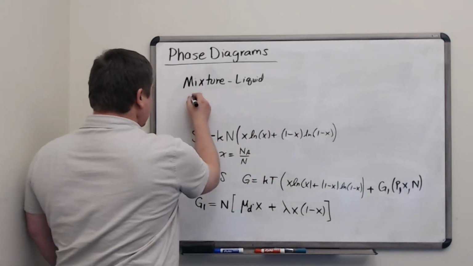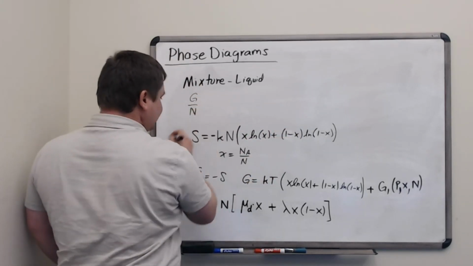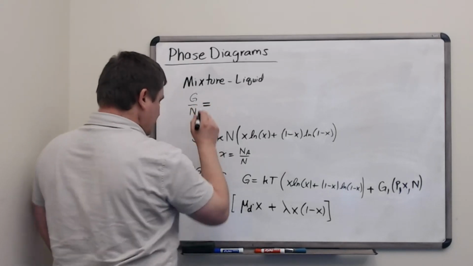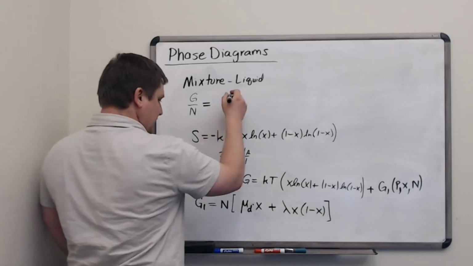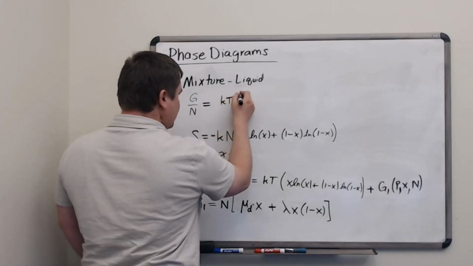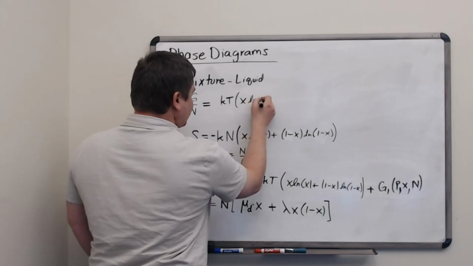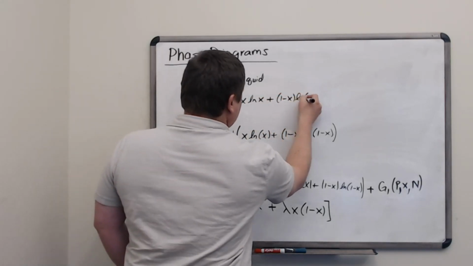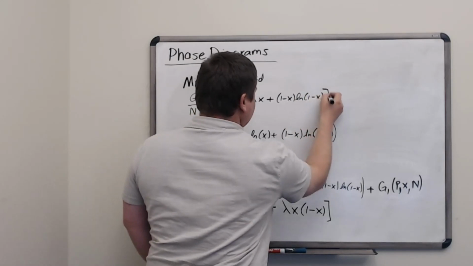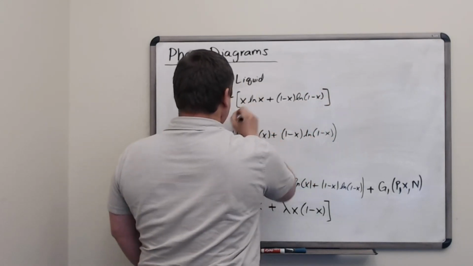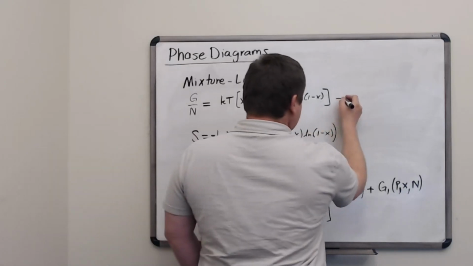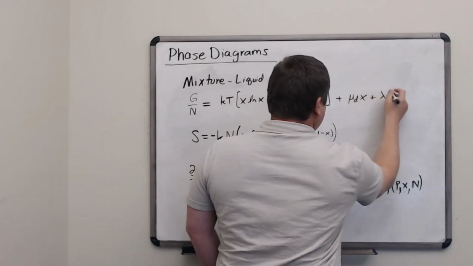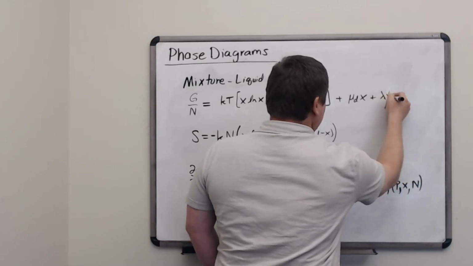We'll write it as Gibbs free energy over N will be equal to kT times x log x plus 1 minus x log 1 minus x. And then we've got a plus mu difference times x and plus this lambda interaction term.